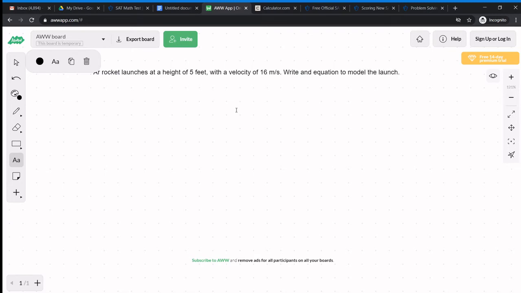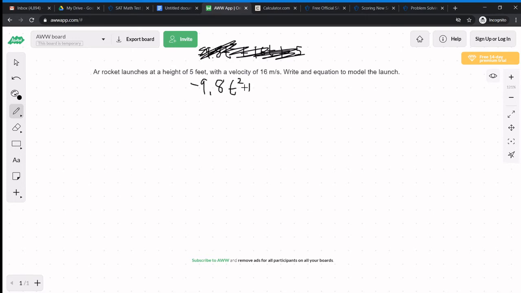When they give you these quadratic equations, they actually give you the formula for it. It is something like negative 9.8 t squared plus 16 t plus 5. Oh, sorry, they won't give you this, my bad. They will give you negative 9.8 t squared plus vt plus h.